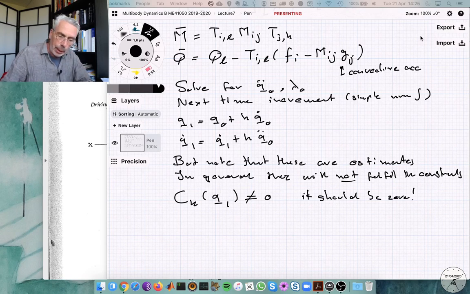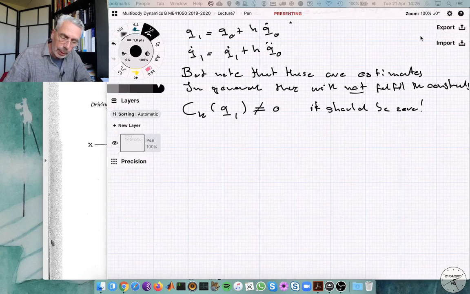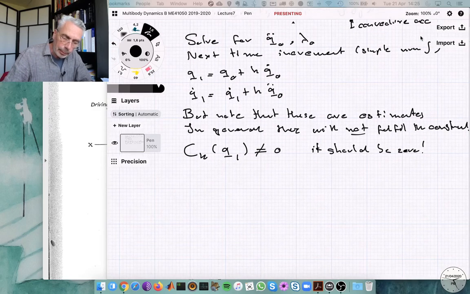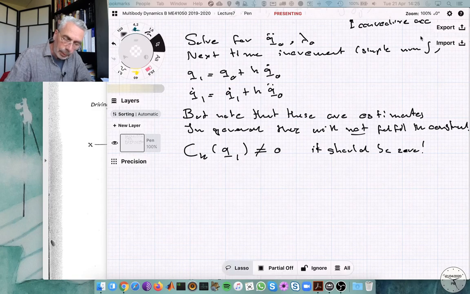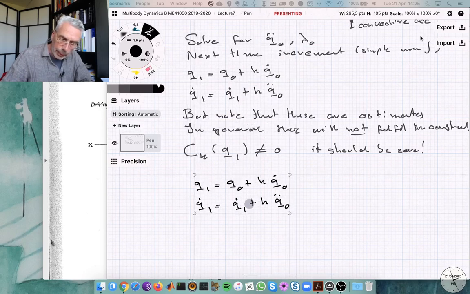So you could say, and there's a nice picture to draw for that, that these values are actually estimates. So let me repeat that. I'm going to copy this, duplicate it, and put it here.